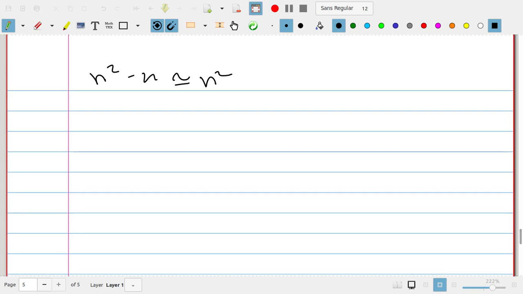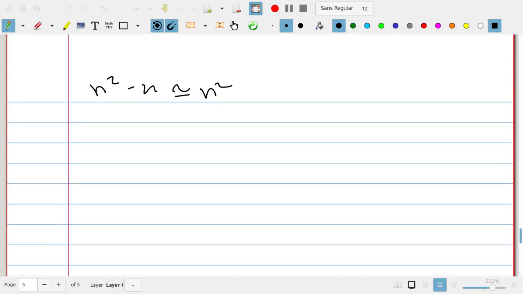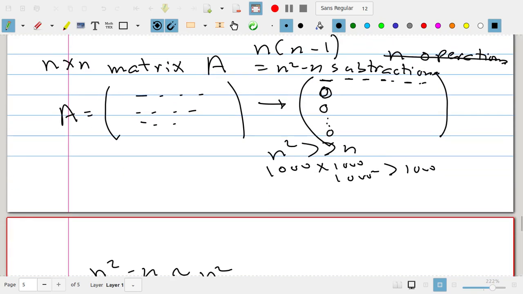So in order to make everything zero below the pivot point in the first column, you need to do approximately n square operations.